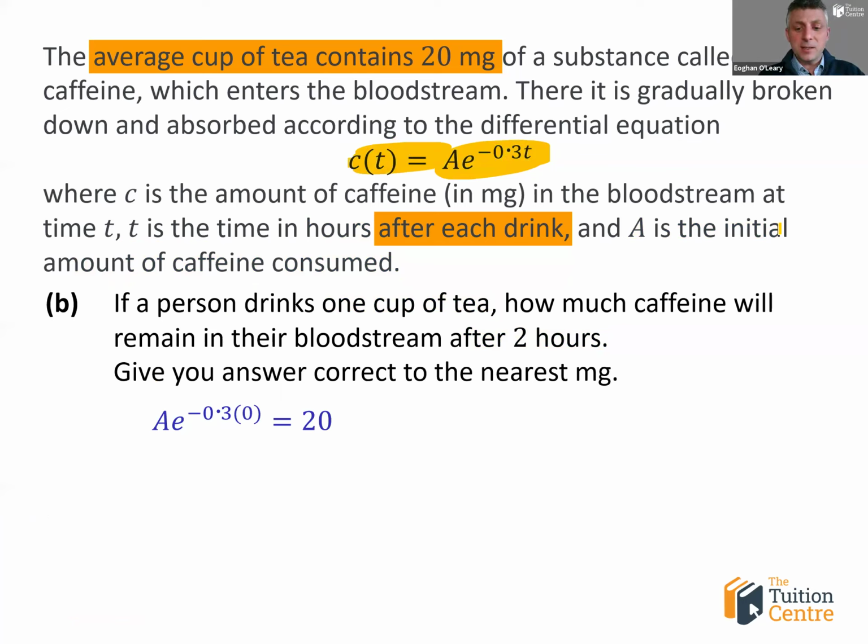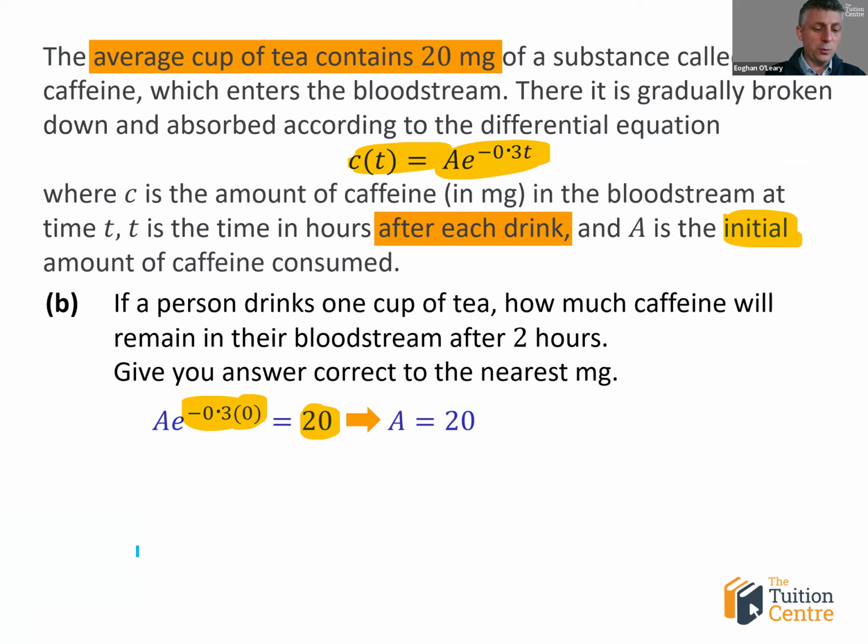The word initial means at the start, at the beginning, or when t is equal to 0. So when time t is equal to 0, the amount of caffeine is 20 minus 0.3 times 0, which is 0. E to the power of 0 is 1, because anything raised to the power of 0 is equal to 1. So that means A is equal to 20.